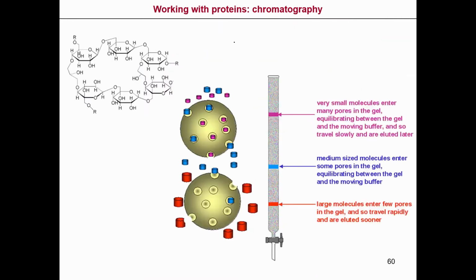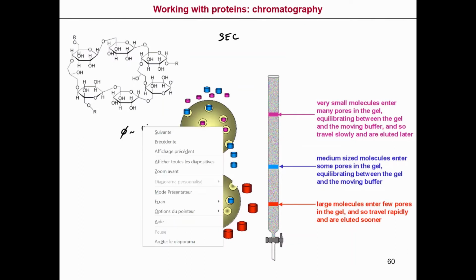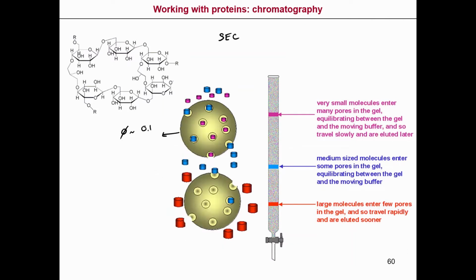In this gel filtration chromatography, you will have beads with a diameter of 0.1 millimeter. The beads are made of sugar or polymer, and you have some holes.